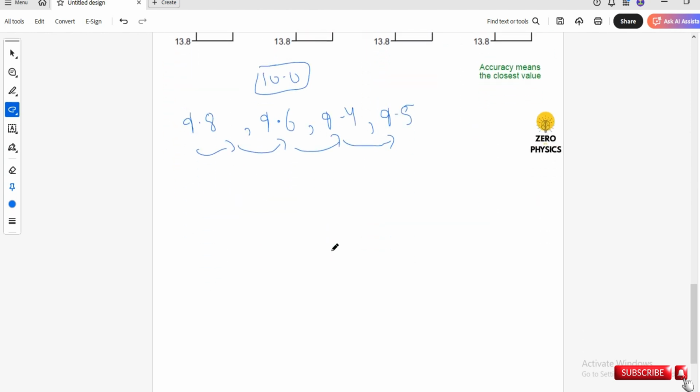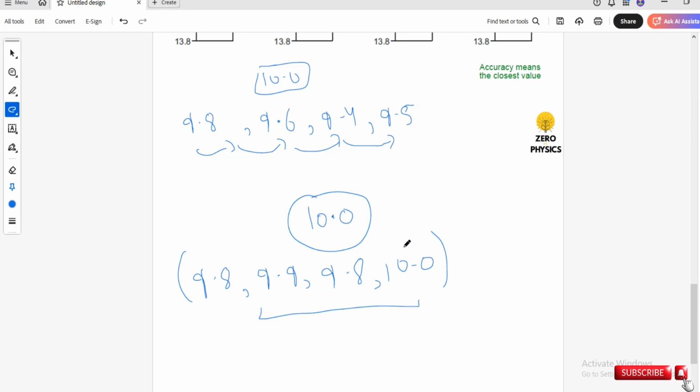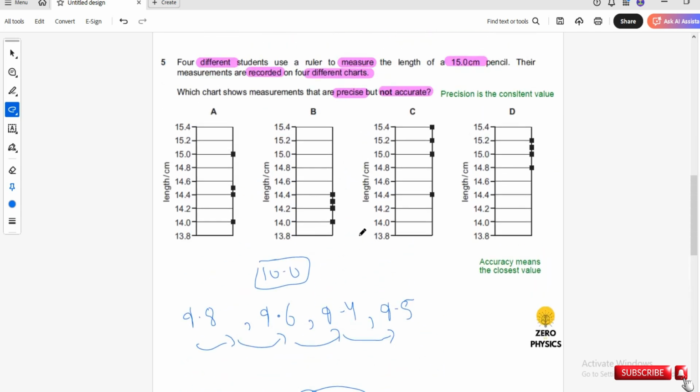Similarly, if our actual value is 10.0 and we are getting answers at 9.6, 9.9, 9.8 again, and 10.0, these values are precise and accurate as well, because they are closest possible to the answer. I hope you understand this.